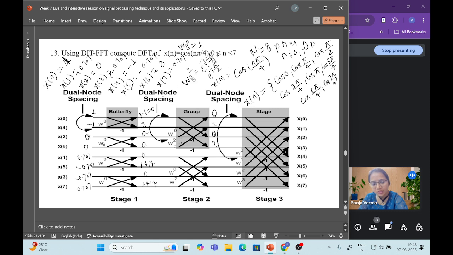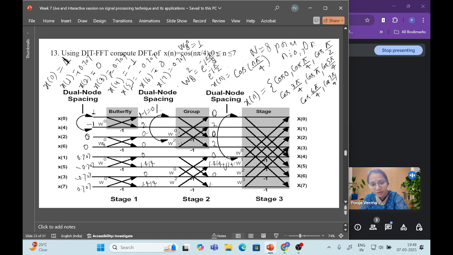Just addition and subtraction. Similarly here, if you do that, you will get 0 here, you will get here 1.414 plus j 1.414, because W82 value is j. Similarly, you will get 0 here.